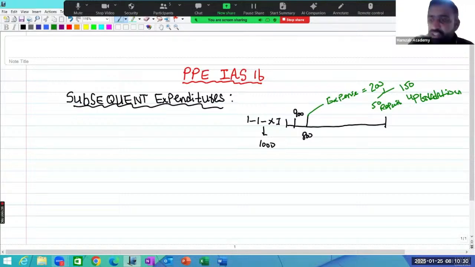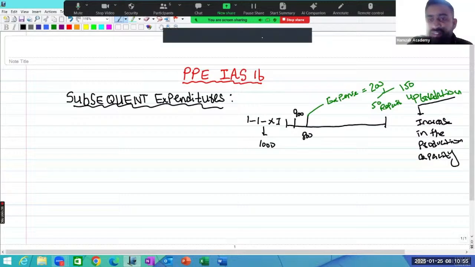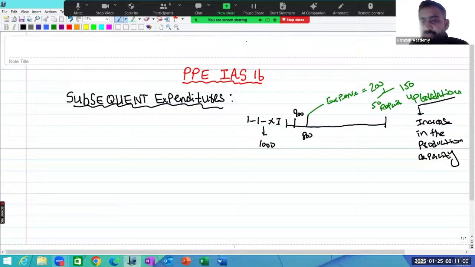Now, due to upgradation, there will be an increase in the production capacity of the asset.